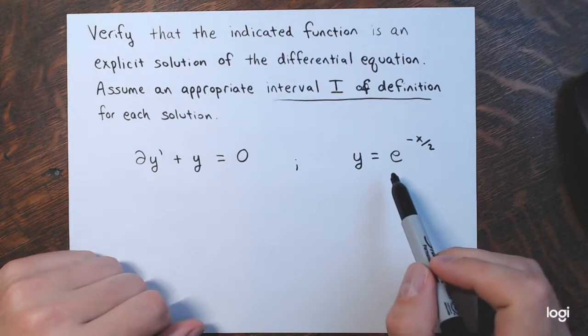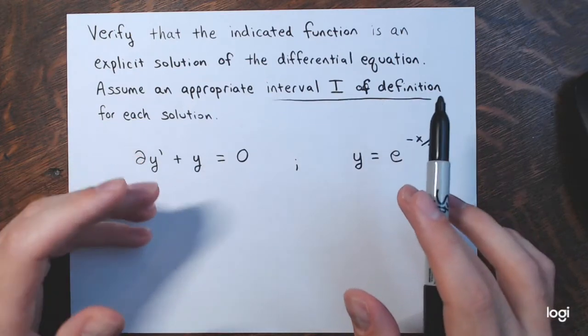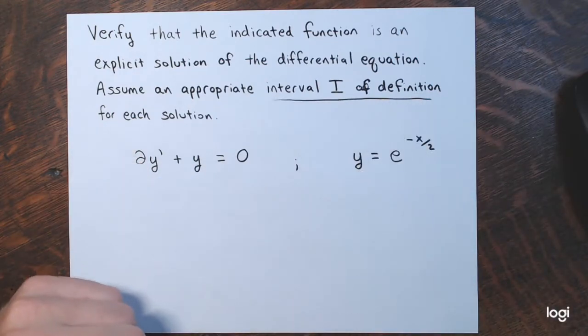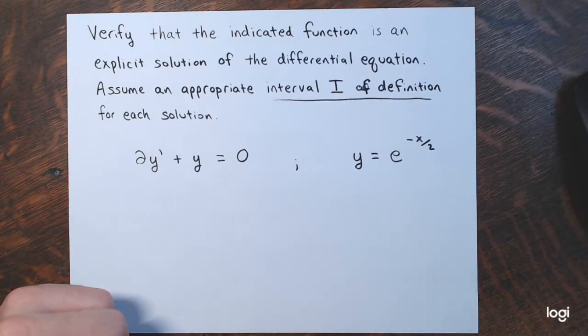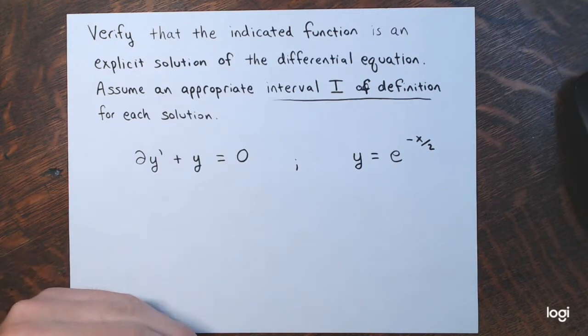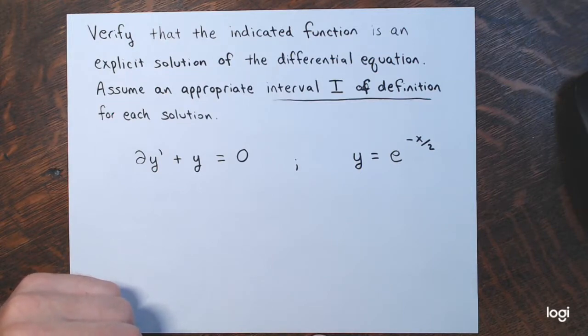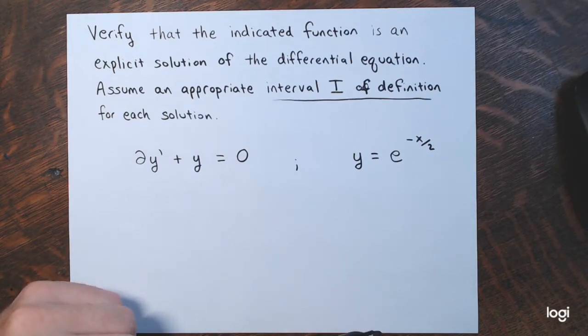You'd like to make the interval of definition as large as possible when writing it out, but here we're not going to be writing out the interval of definition. Although you should think about that: whenever you come up with a solution for a differential equation, you should be thinking about what the interval of definition is for this solution.